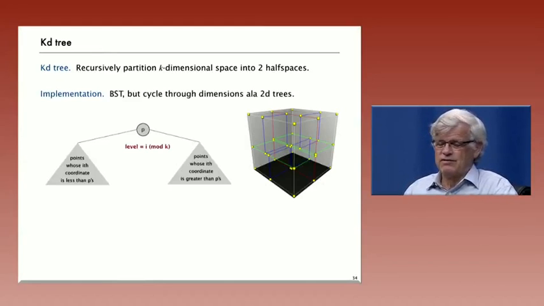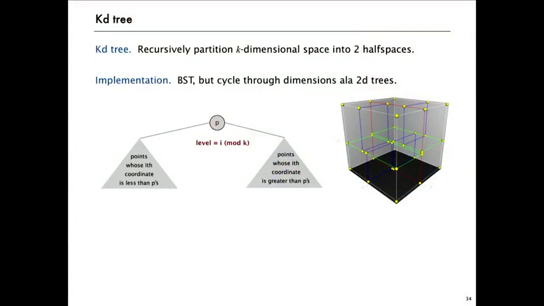And we use the same idea as for 2D trees, but instead of cycling through just horizontal and vertical, we cycle through however many dimensions there are. So in 3 space, we use a plane and do above and below, and then simply cycle through the dimensions.